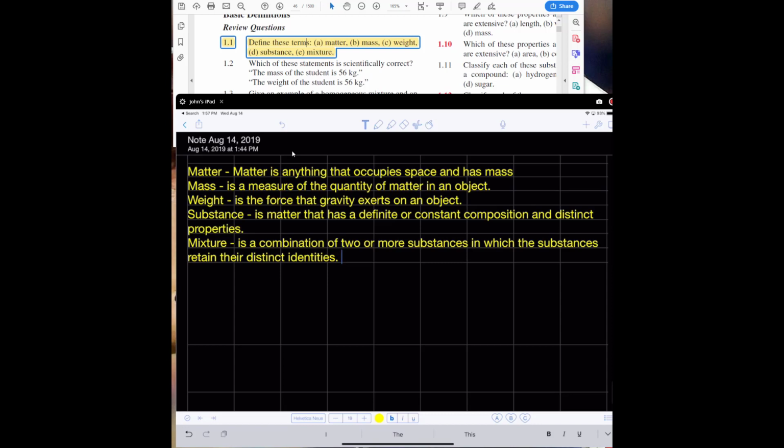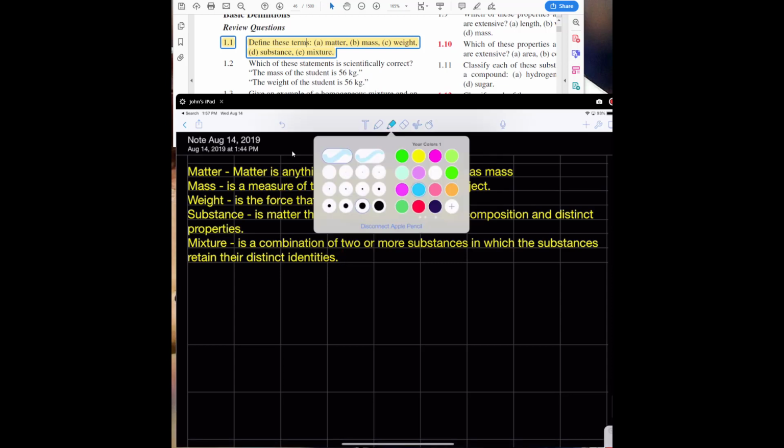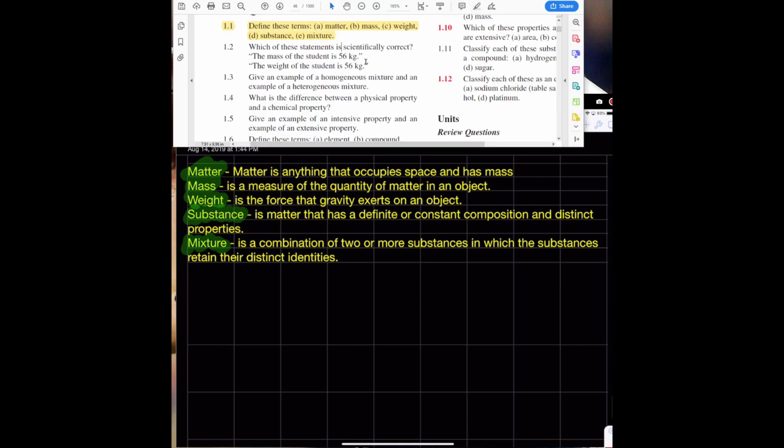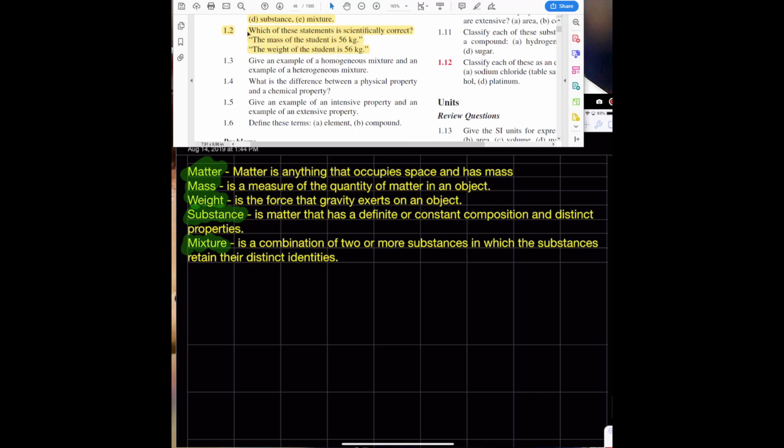Okay. So these are our various terms that we just answered from part 1. And let's see, part 2 is asking us, or question 1.2, right?